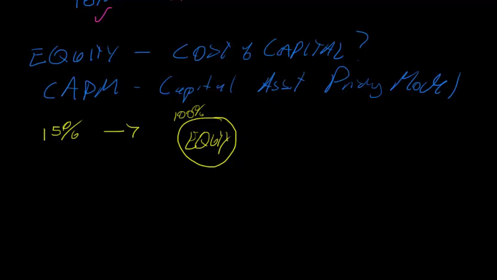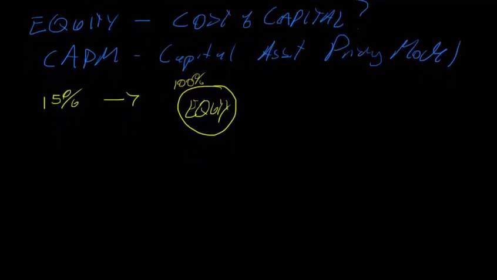But do we necessarily know how our investor figured out that it was 15% required for him, depending on the risk of the firm? Well, the risk of the firm is easy to measure in our CAPM using beta. Remember beta? Beta is some measurement that's out there. And so what does our CAPM equation tell us?